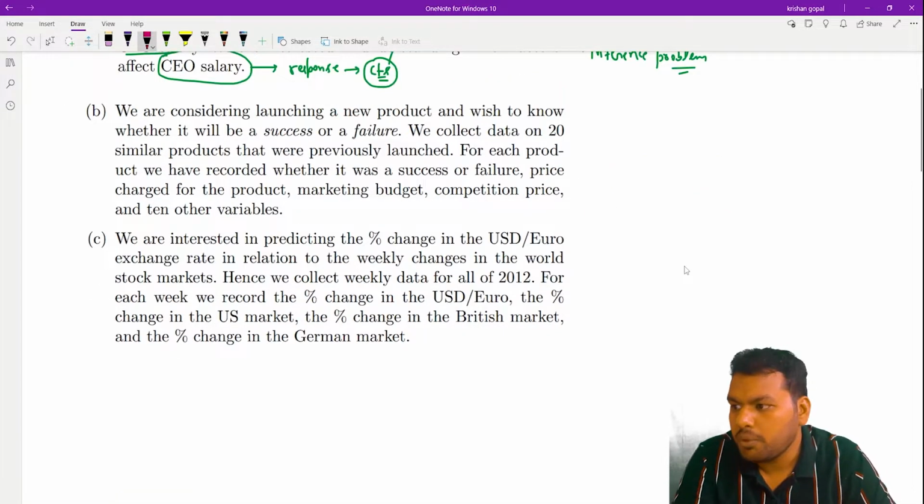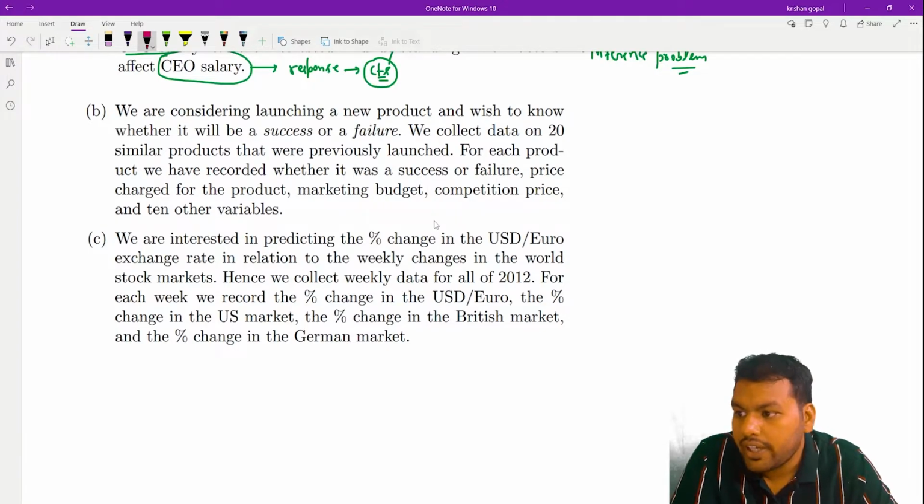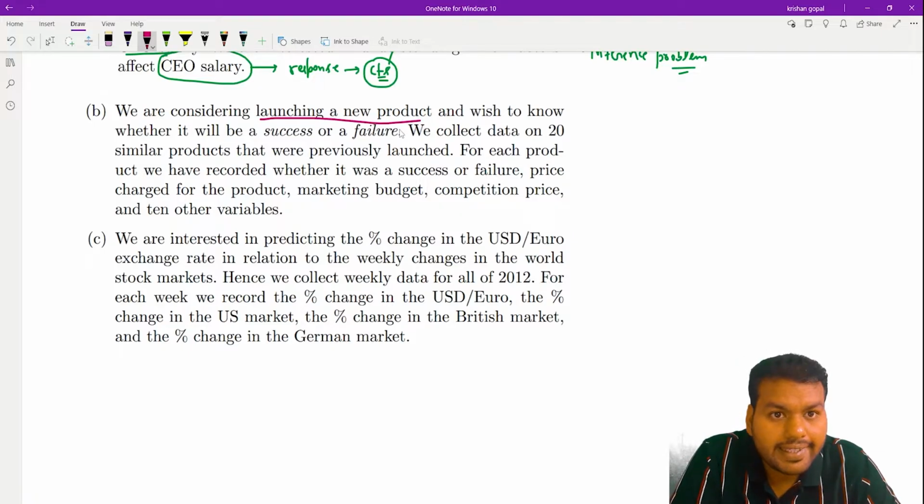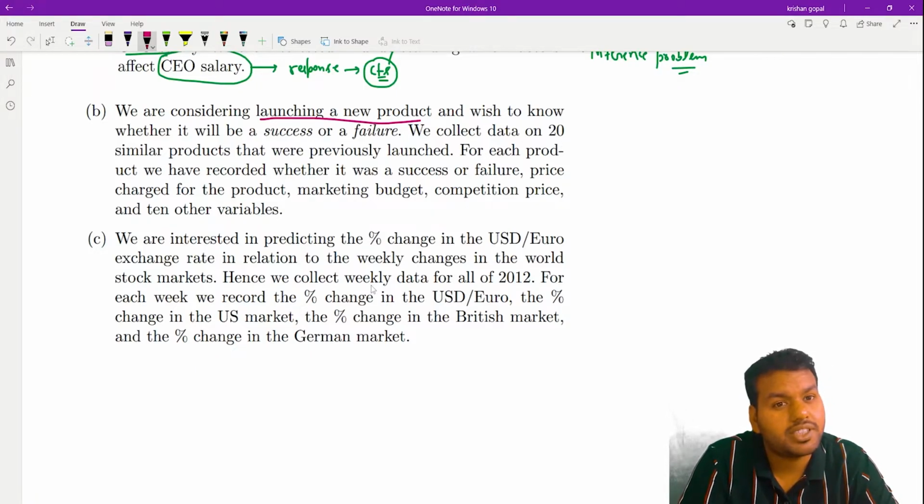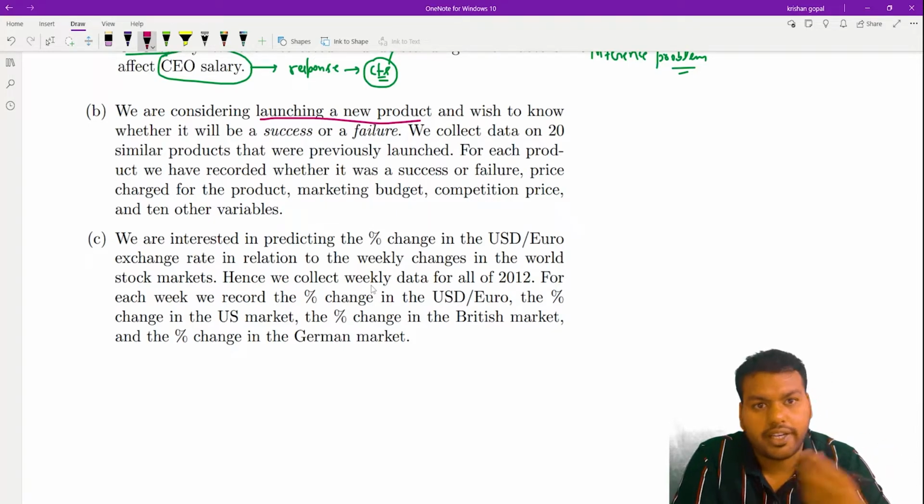Okay, now move to question number 2. We are considering launching a new product. When you are reading this kind of question, say in an interview or a written exam, you have to underline to understand. It is one of the best ways to understand what you are getting from the question.